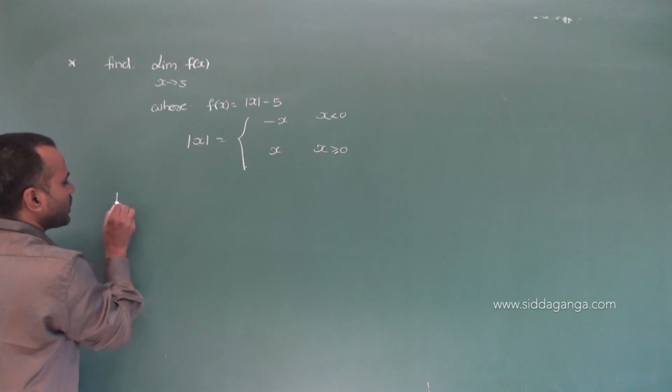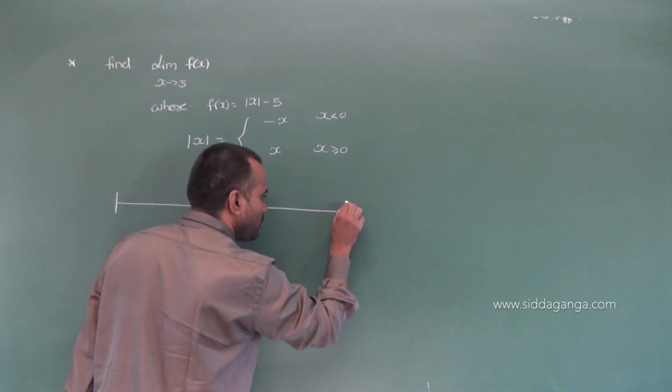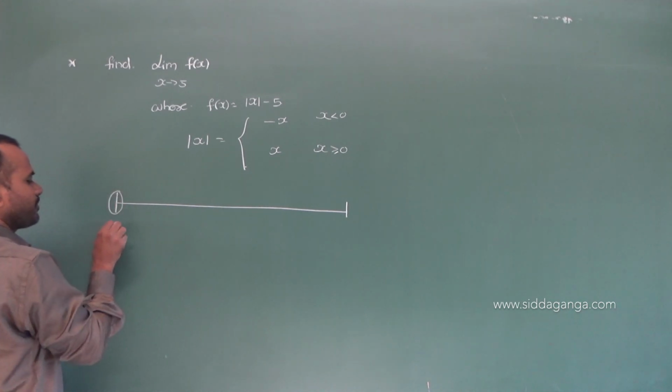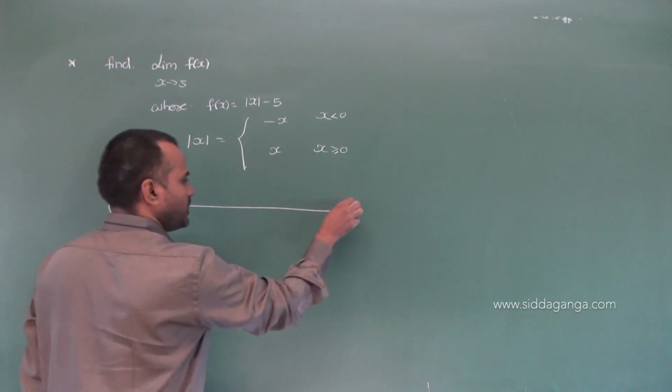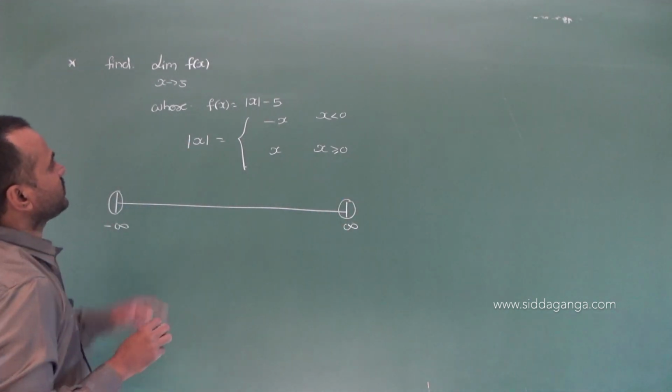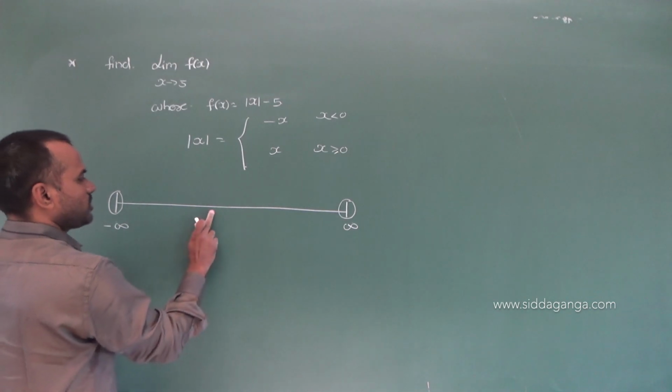So we draw the number line, then only you understand properly. From minus infinity to plus infinity, this is the domain.